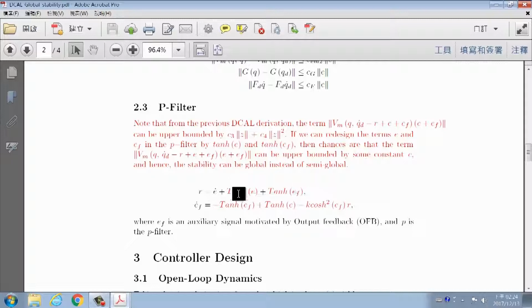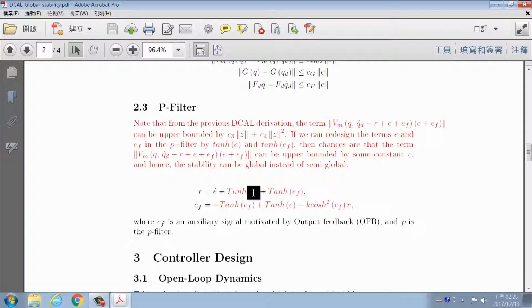Before, it was R equal to E dot plus E plus EF. Now we replace E by tanh E, and tanh EF. Because tanh E can be upper bounded by 1, tanh EF can also be upper bounded by 1.